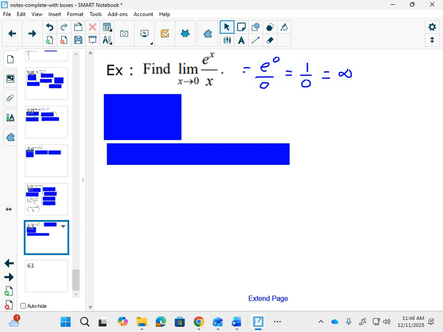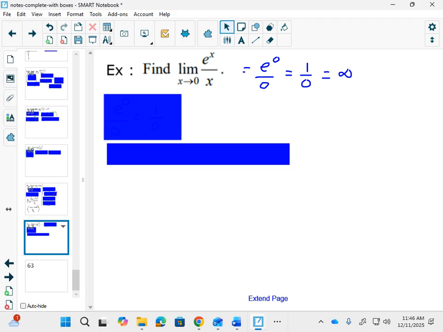Uh-oh. It's not a 0 over 0. The top would be 1, the bottom would be 0. So the question is, is it infinity? Or is this a mistake? Because the issue I have with the 0 on the bottom is if it's a positive 0, it's definitely infinity. If it's a negative 0, then it would be definitely negative infinity.